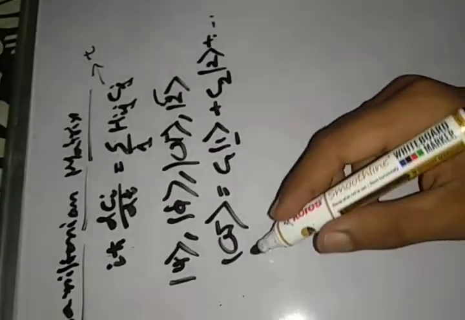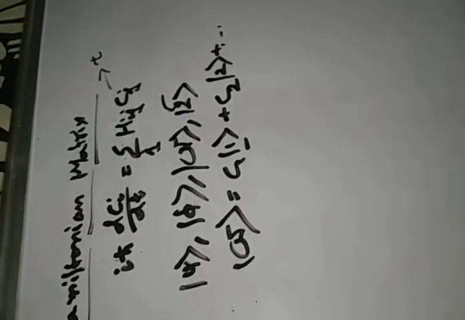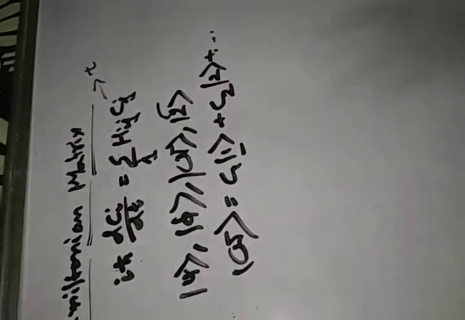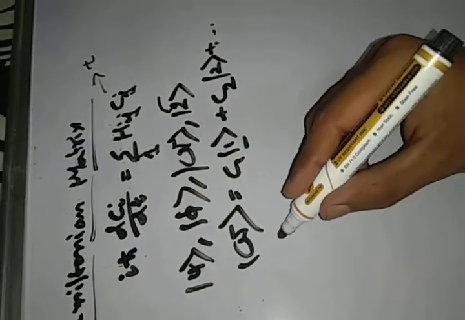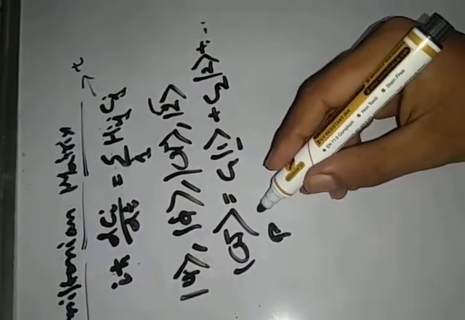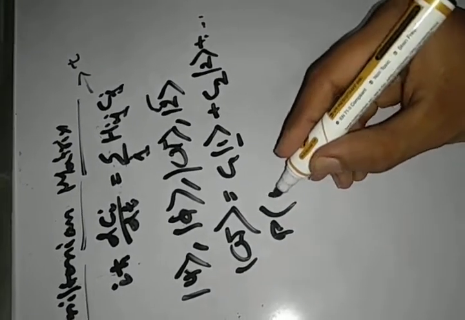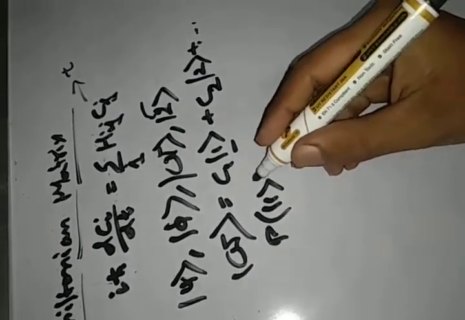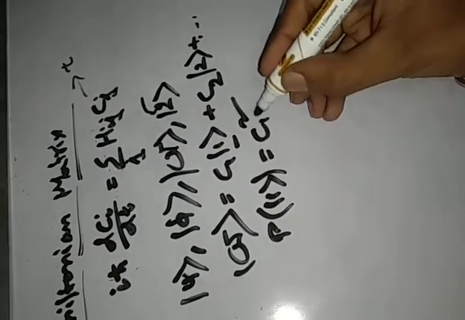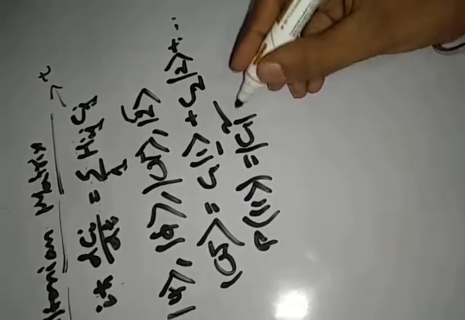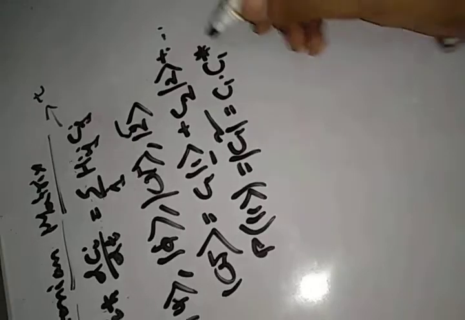Okay, now what we'll do, we'll see what is the probability of finding this state. Probability that the state is this will be this thing squared, or C1 times C1 star, isn't it?